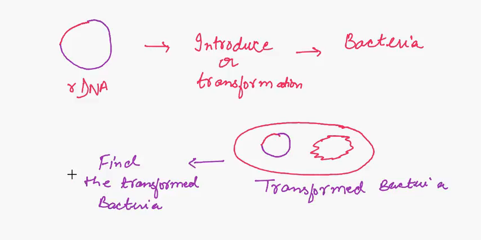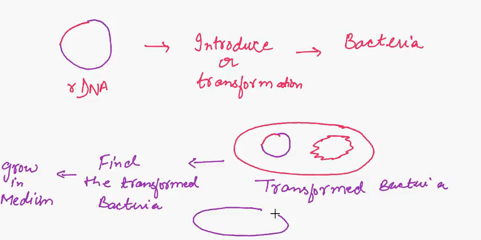Once we find the transformed bacteria, we will grow it in the medium. Medium is a nutrition that we would provide to this bacteria so that it can grow, it can multiply. So when this bacteria will multiply, suppose we have this medium provided. So these are the bacteria which are multiplying here.